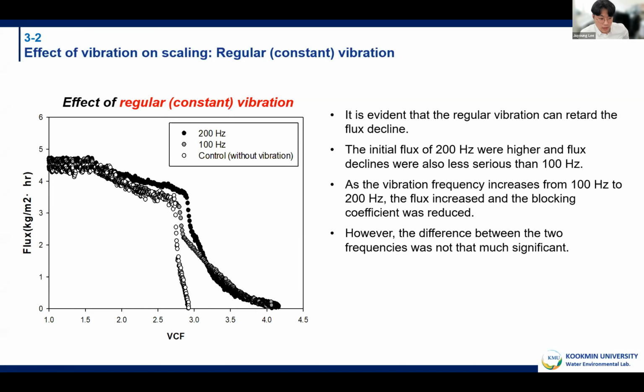The initial flux at 200 Hz was higher and the flux decline was also less serious than at 100 Hz. As the vibration frequency increases from 100 to 200 Hz, the flux increased and the blocking coefficient was reduced. However, the difference between the two frequencies was not that significant.